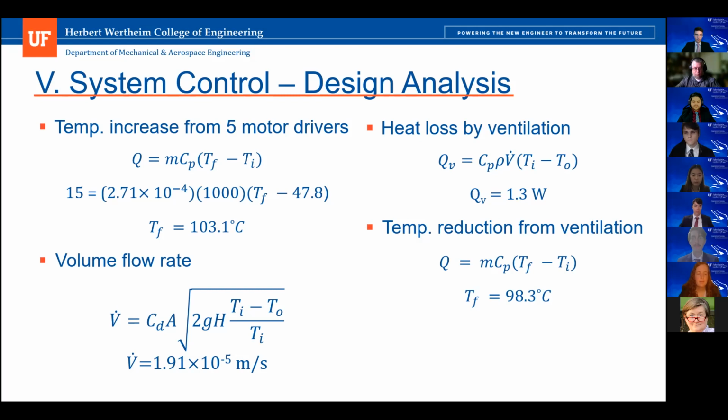Therefore that results in a final reduced temperature of 98.3 degrees Celsius inside of the control box. This final temperature is important to consider because it's well within the operating range of both the microcontroller and each of the 5 motor drivers.